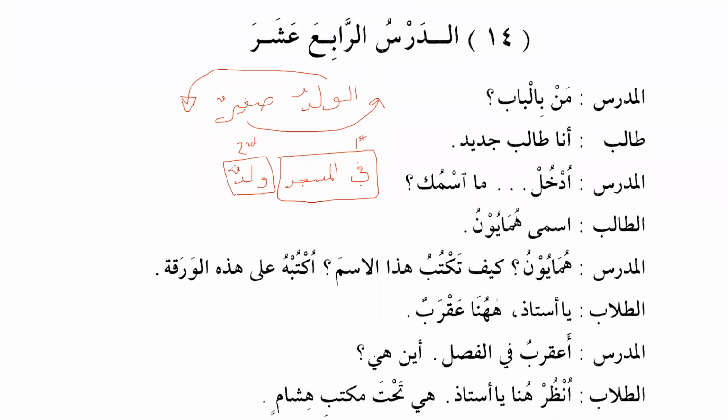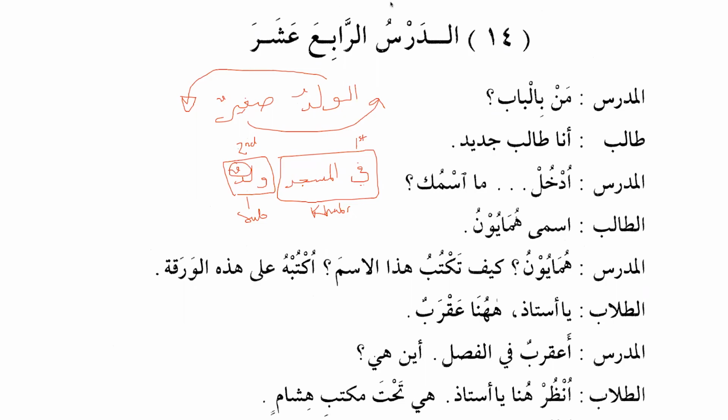So we'd say fil masjidi waladun. We wouldn't say fil masjidi al-waladu. That's not how the Arabs speak. So it's permissible for the khabar to come first if it consists of jar and majroor and the subject is nakira. Make sense, guys? Excellent.